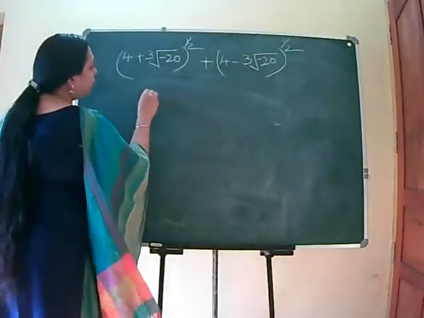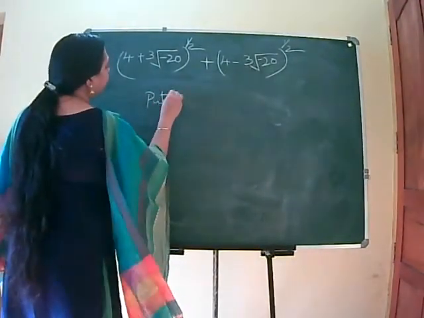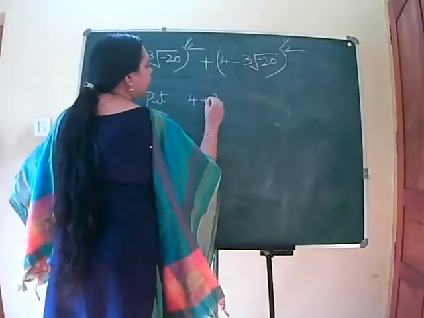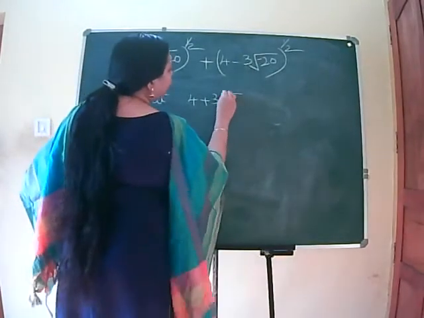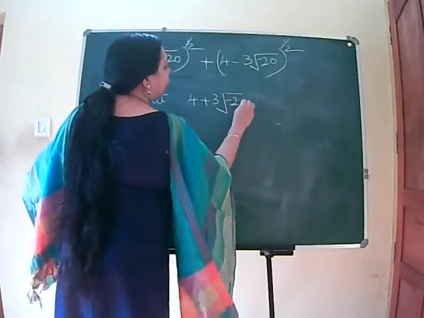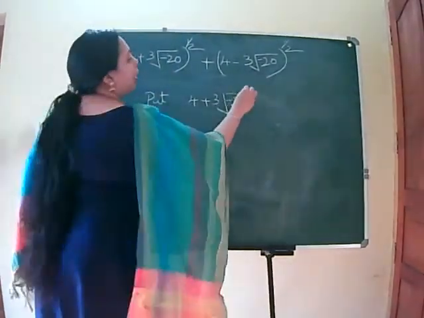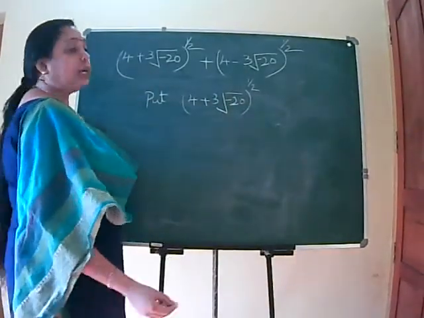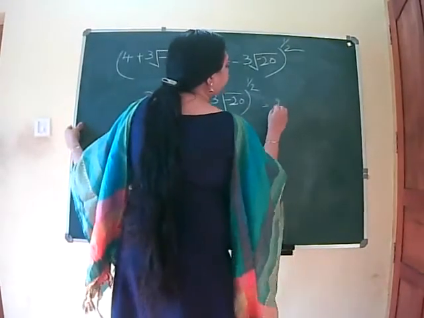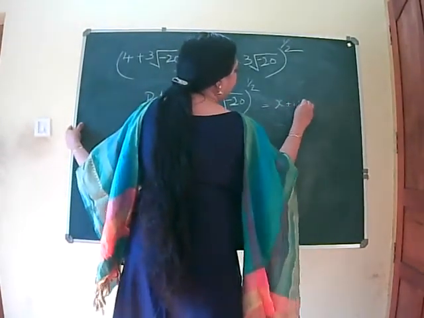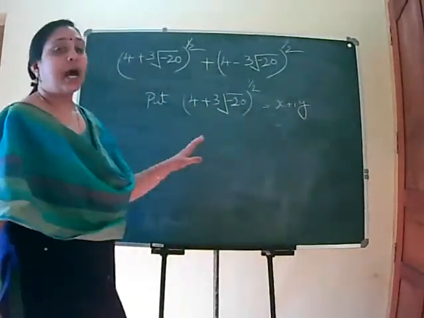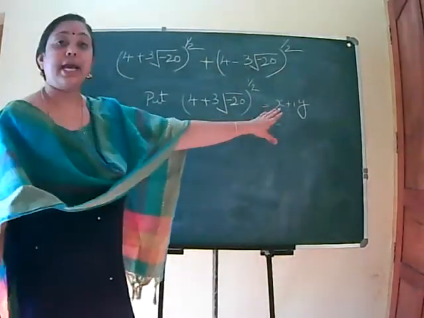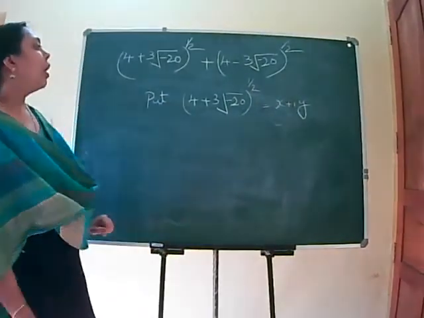That is, put 4 plus 3 into square root of minus 20, the whole raised to half, is equal to x plus iy.